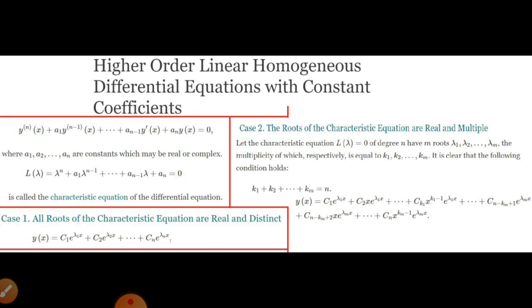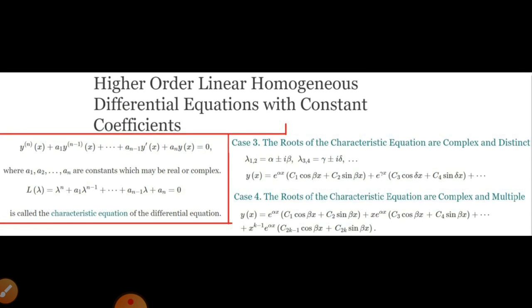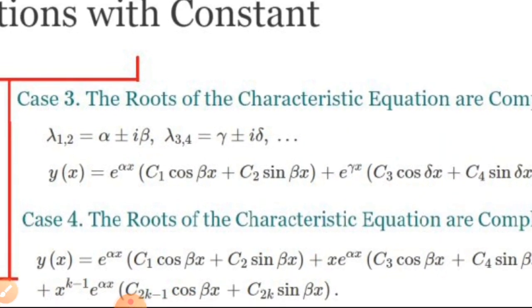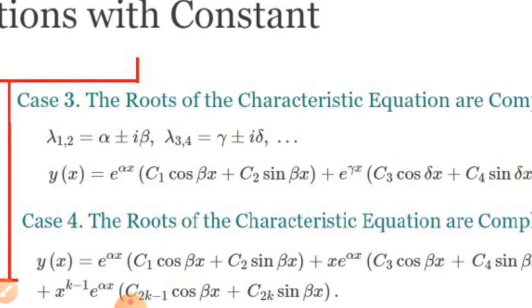Now, the third category is when we have a complex root. Complex means a root that has an imaginary and a real part. Suppose the root is alpha plus minus i beta and another root is gamma plus minus i delta.